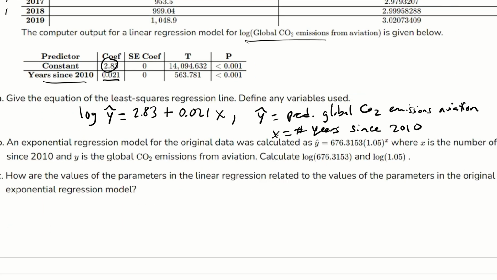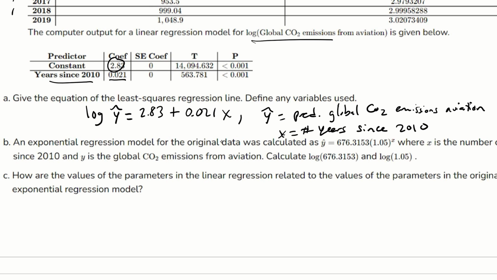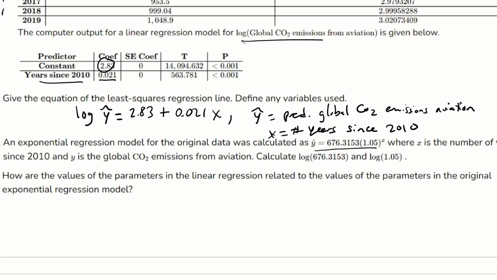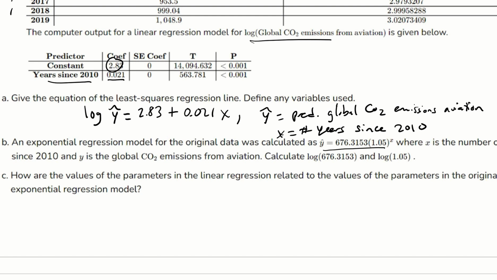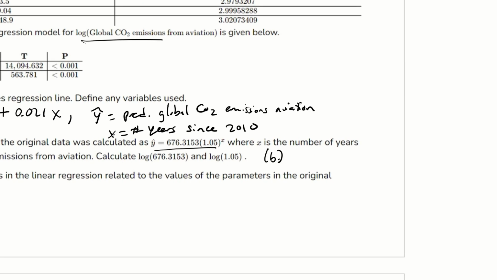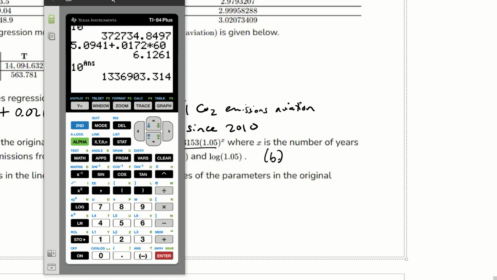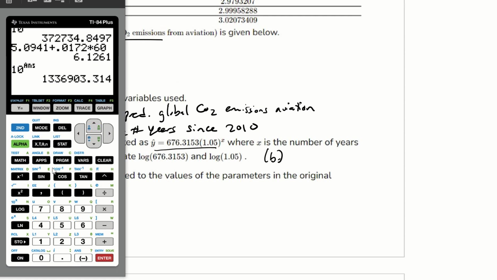All right, so an exponential regression model was calculated as this, where X is the number of years since 2010 and Y is the global CO2 emissions from aviation. Calculate the log of 676.3153 and the log of 1.05. It's a straightforward calculation. So part B, they just want us to calculate that. We got the log.